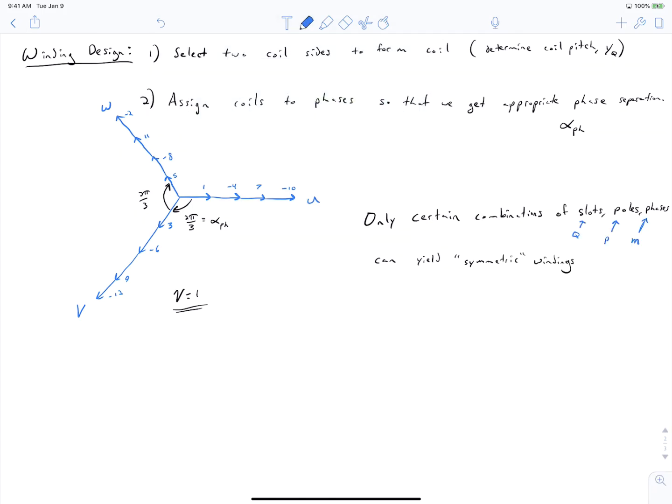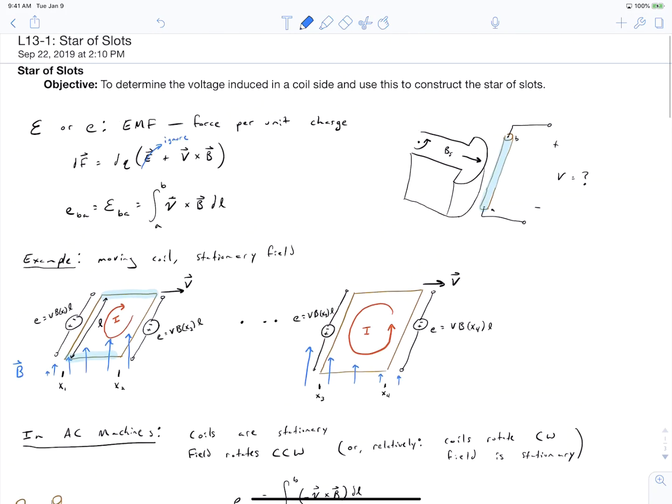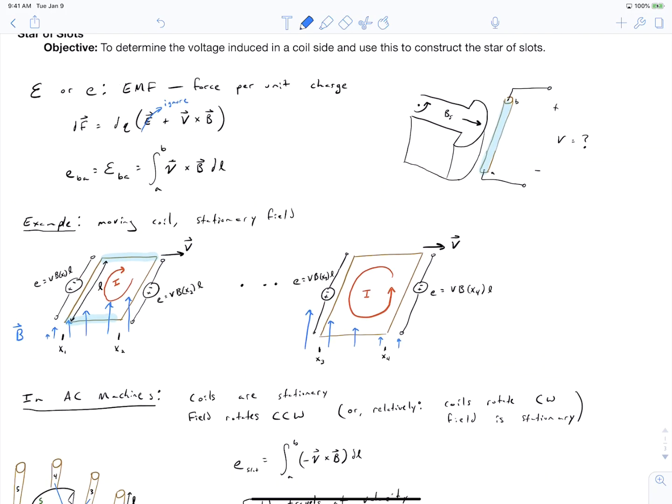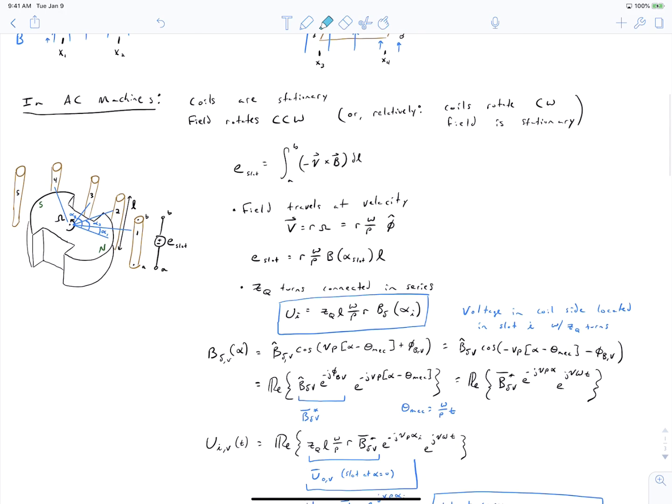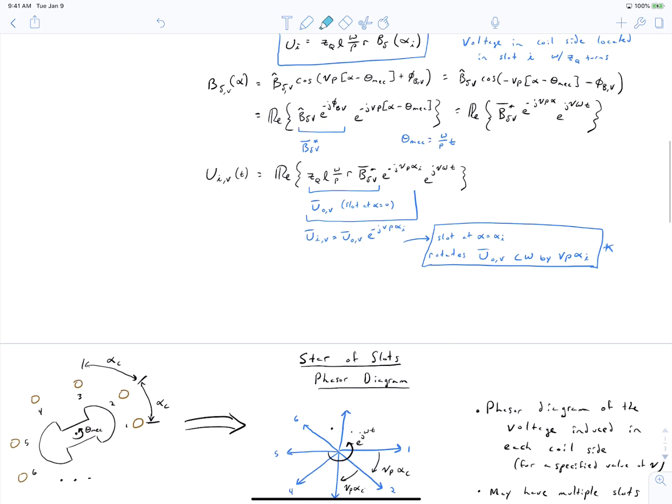So that concludes this video. In summary, in this video we've talked about how to calculate the voltage induced in a coil side, and then we've used this to construct the star of slots. We've gone back to our fundamental definition of back EMF and then built up on this to figure out the mapping of the slots in our electric machine to the transient voltage that's created in a coil side located in each of those slots.